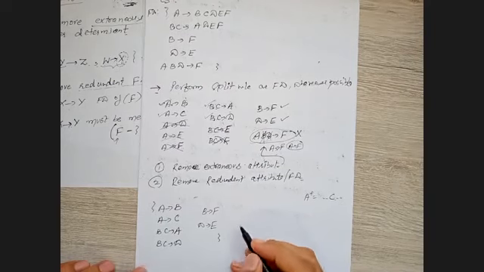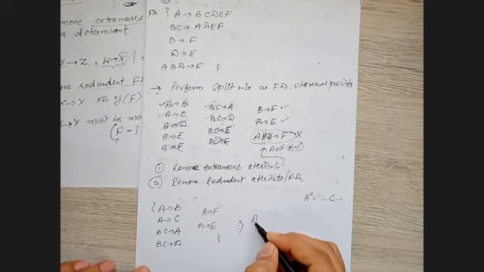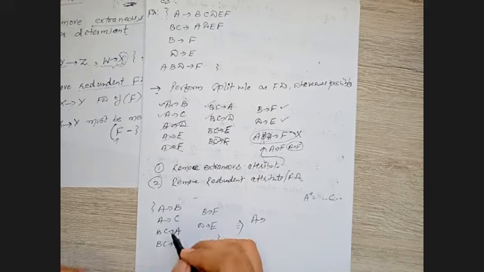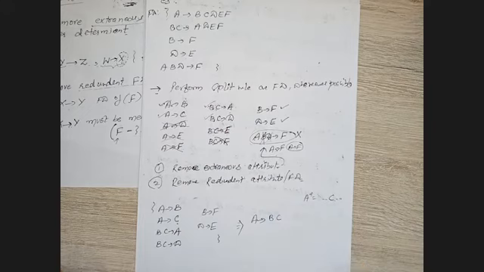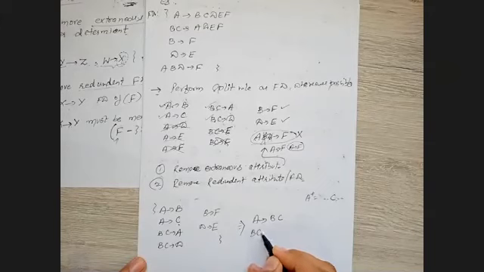Right, now you can even combine these. A gives BC. Anything we are missing? I think no. A gives BC, that's fine. BC gives what?